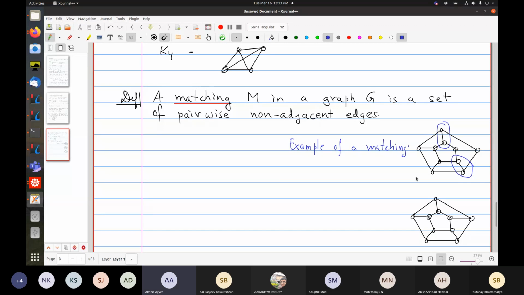It's just some collection of edges. Nobody is saying anything more, but we'll refine this, of course.